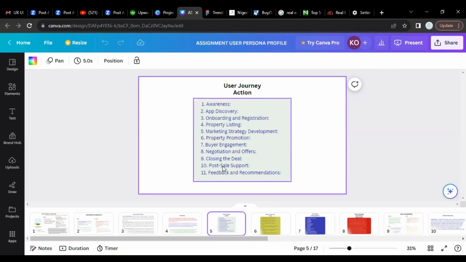So that is the user journey, the awareness. These are the processes we undergo during the app creation, the app discovery. I mean, listing it to the appropriate sites and promoting it. There are some sites or blogs that promote apps and all that.